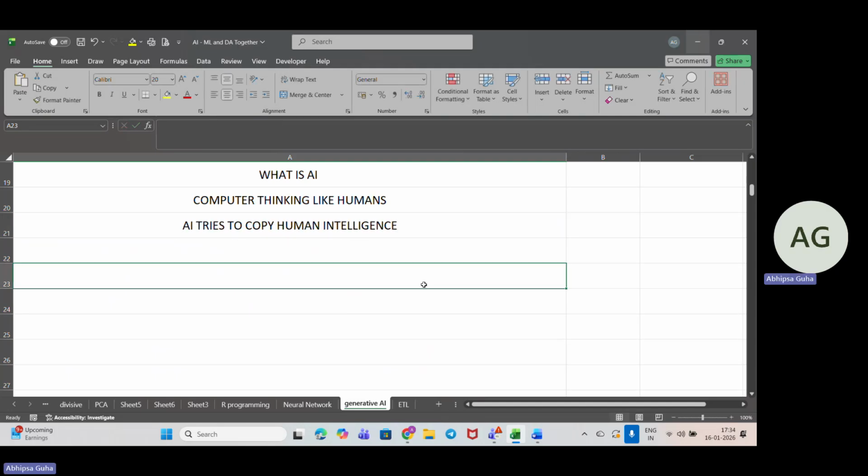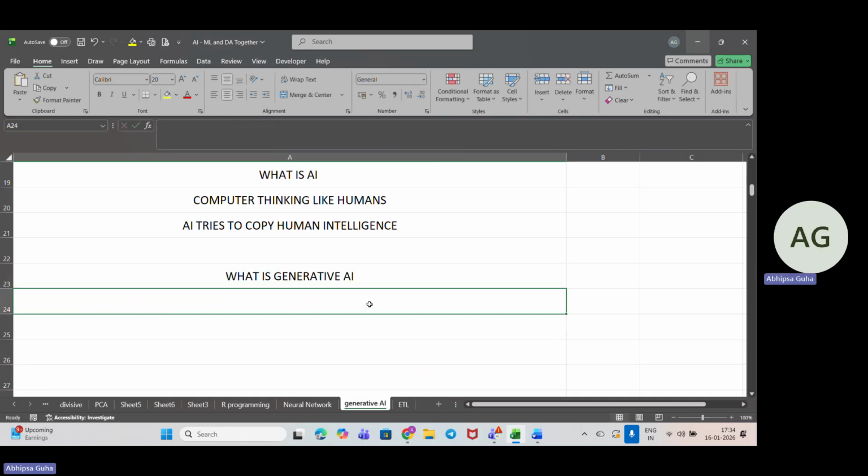Now coming down, what is generative AI? It is AI that creates, as the name suggests, generative AI.